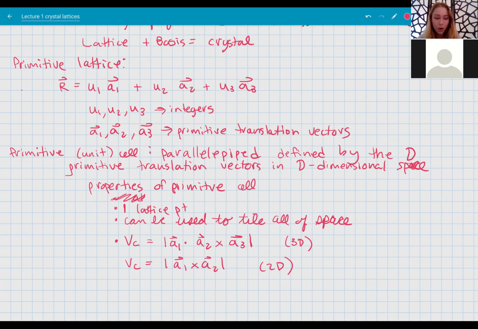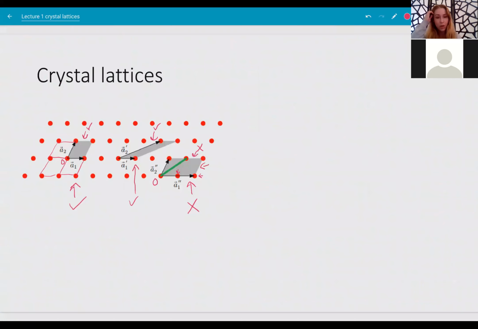Okay, so these are attributes of a primitive cell. And then the next question is, how do you go about constructing a primitive cell? One approach that you can use is guess and inspection.